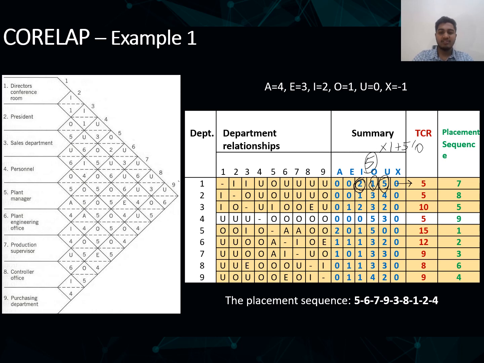Similarly, if you go for the second one, there are 1 I, 3 O, 4 U's.